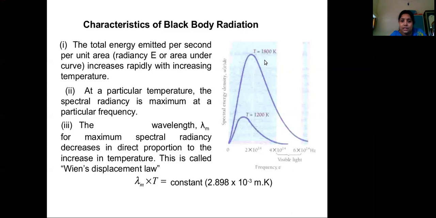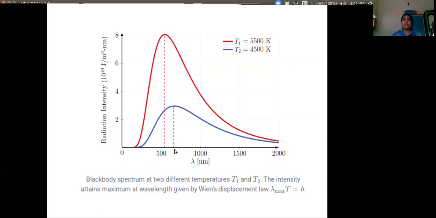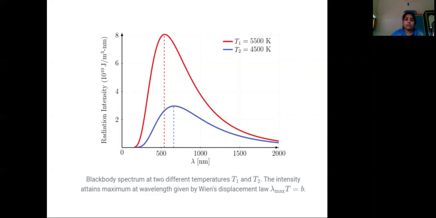Now, if we see the energy density versus lambda graph, the blue dotted line is the lambda m value for the blue curve, which is at 4500 Kelvin, and the red dotted line is the lambda m value of the red curve, which is at 5500 Kelvin. So the lambda m value shifts towards left as you increase the temperature, but for all the graphs lambda m into T will be constant.